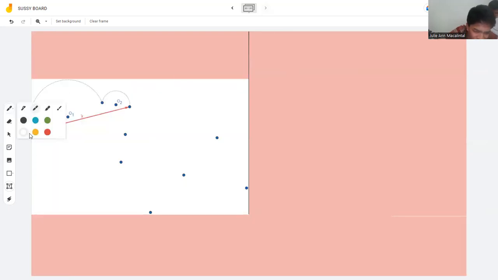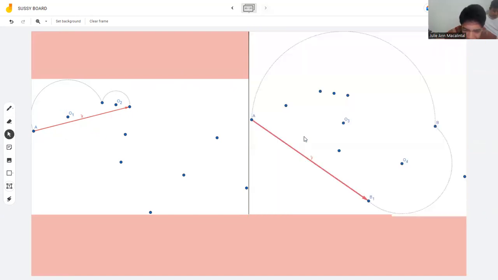So if we say the half turn about O1 and then O2 successively is vector x here, and then from O3 to O4 is vector y.